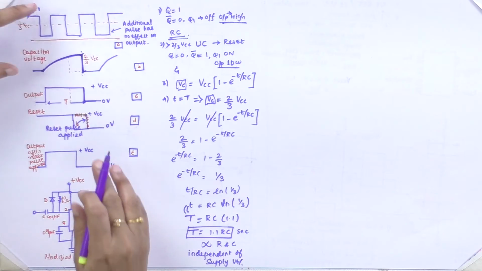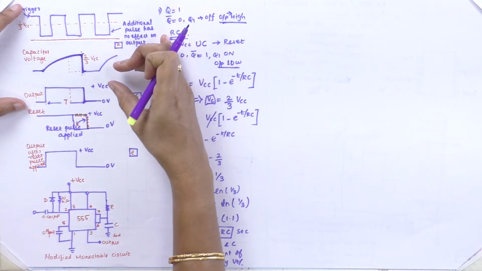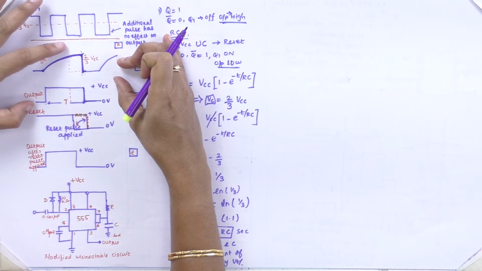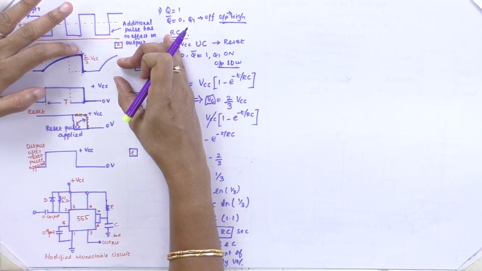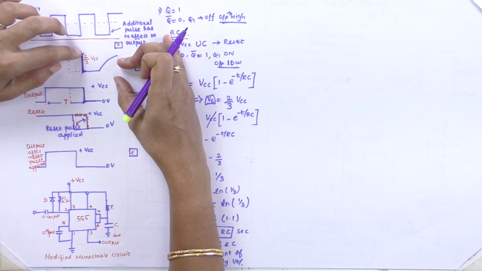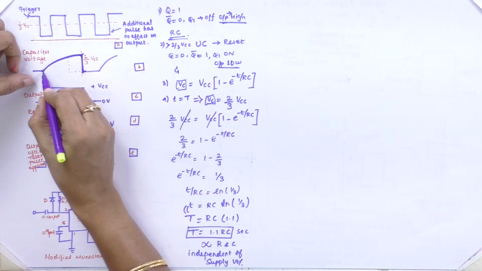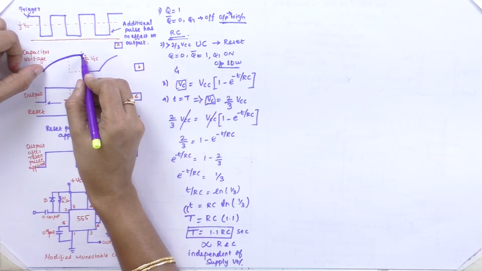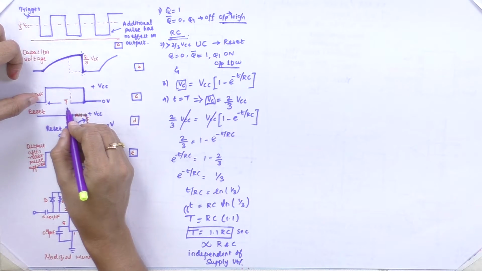So up to this, initially a trigger pulse is applied, then the capacitor gets charged exponentially, and it reaches an upper threshold voltage. Then the upper threshold voltage resets the flip-flop and suddenly it drops to the ground potential. So the time taken for the capacitor charging and discharging, we calculate this as the time period T.